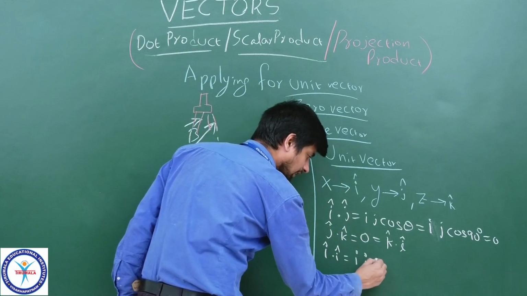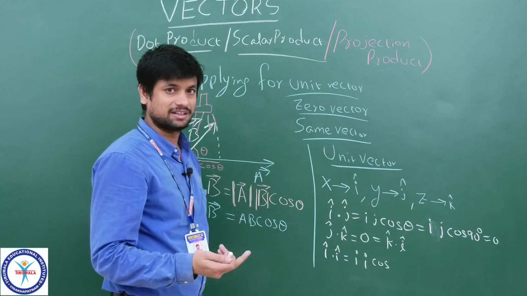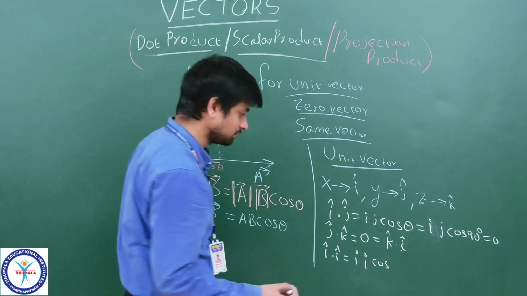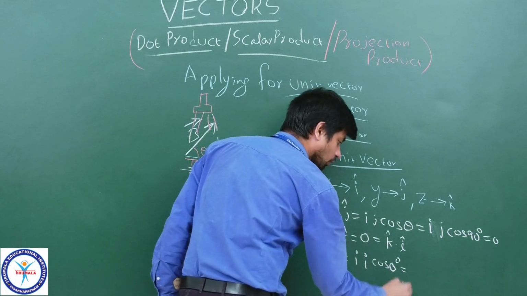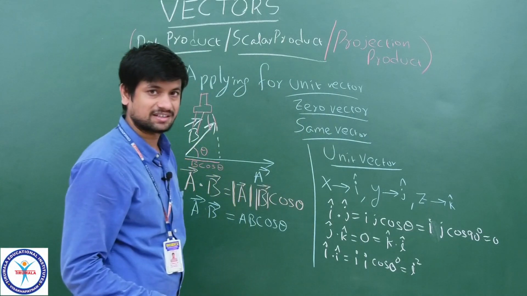What is the angle between i and i? Same, right? So the unit vector is the same, the angle between them is 0. Cos 0 value is 1. So i square.